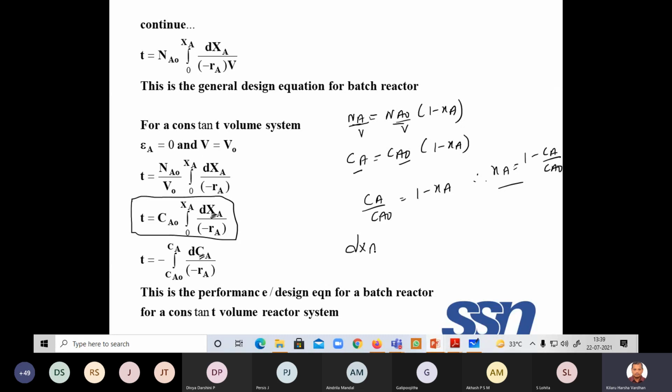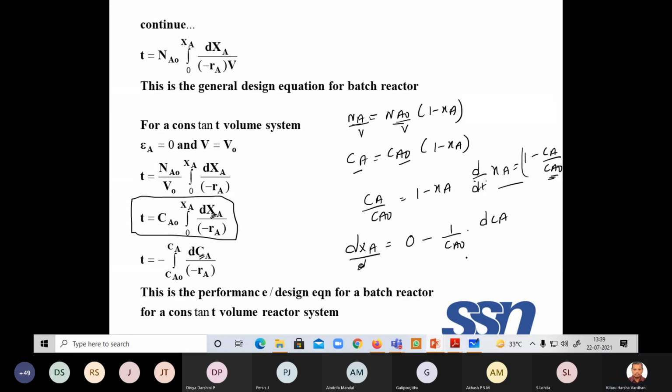We can differentiate that, dXa by dt or dXa. You differentiate this, then what will happen? If you are differentiating both sides, then this is a minus b. Differential of a, this is constant, therefore 0, minus Ca naught is constant, so I'll take Ca naught outside. The differential of Ca is dCa.